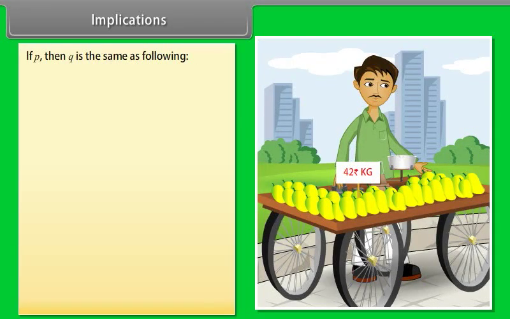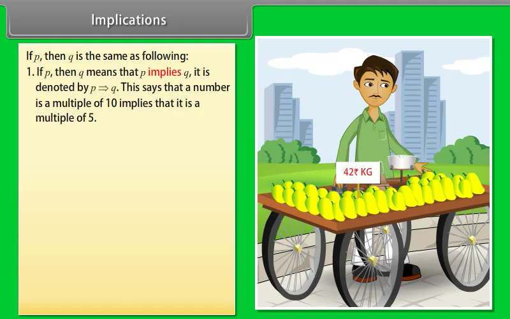"If P, then Q" is the same as the following. If P, then Q means that P implies Q. It is denoted by P ⇒ Q. This says that a number is a multiple of 10 implies that it is a multiple of 5.